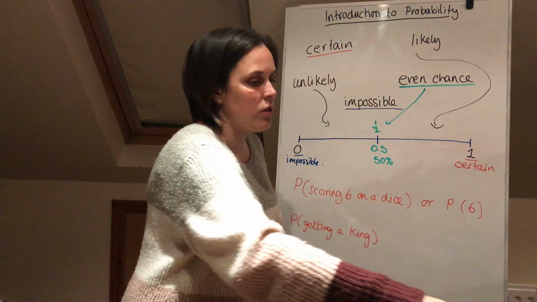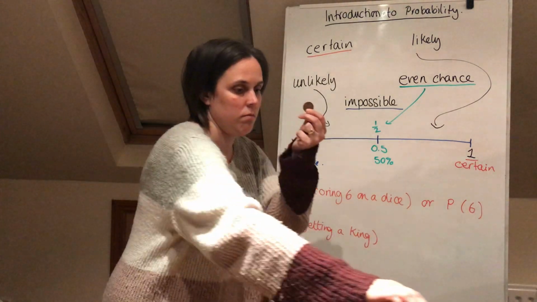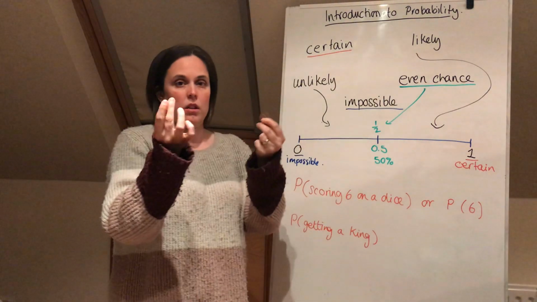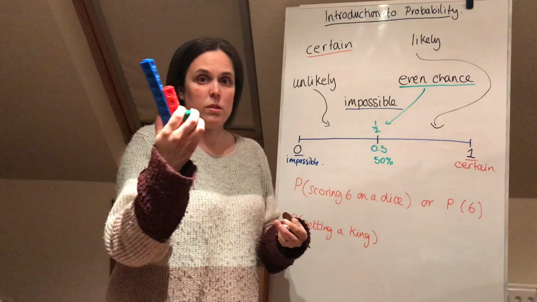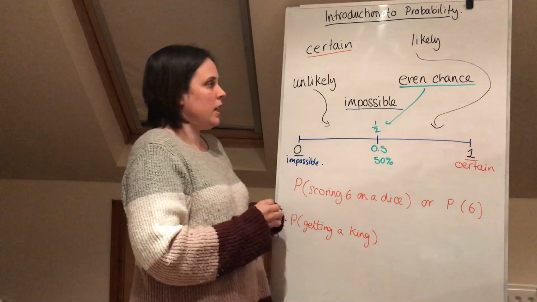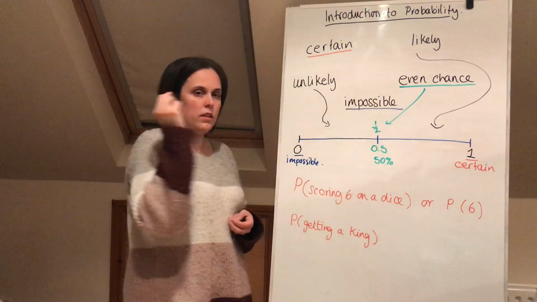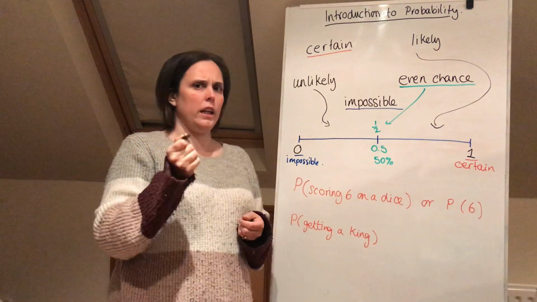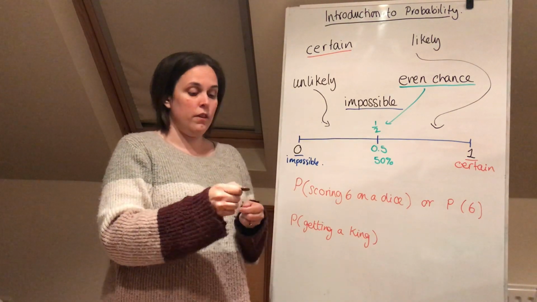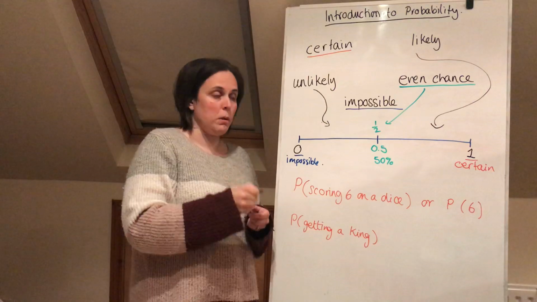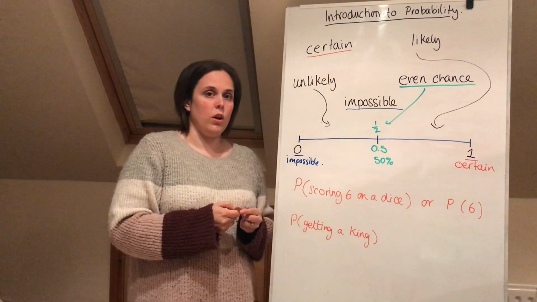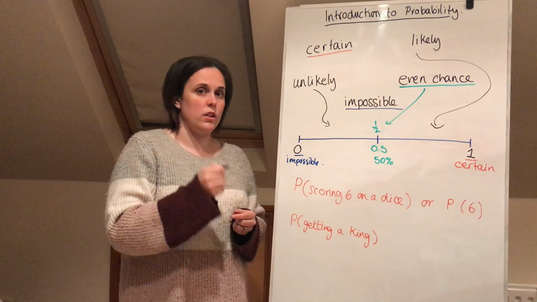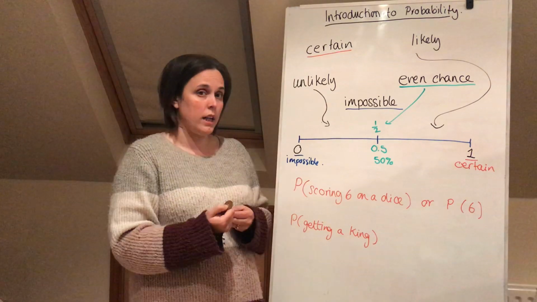You're going to see lots of different things to do with coins, a dice, and maybe even some counters and things. If we're thinking about this even chance, some people think they've got a lucky coin or something, but if you've got a fair, non-biased coin, every single time you toss that coin, the chances of you getting a head or a tail is the same.